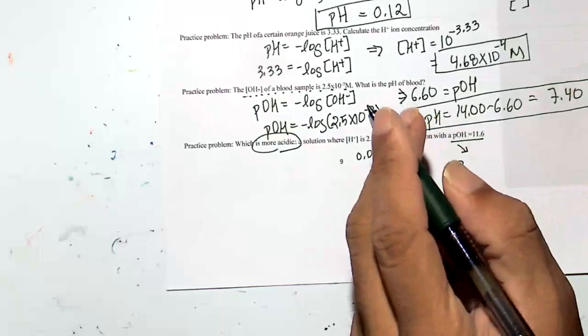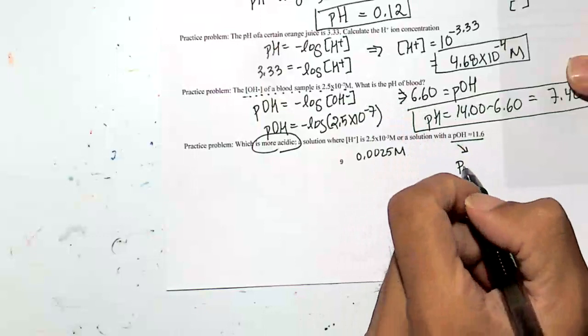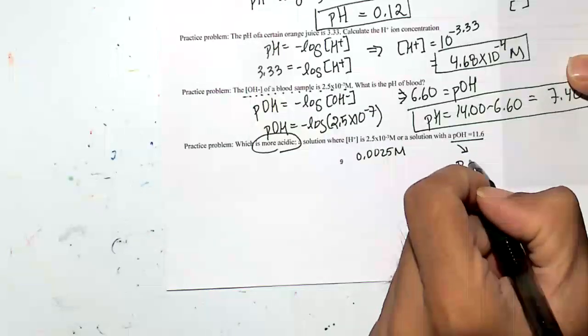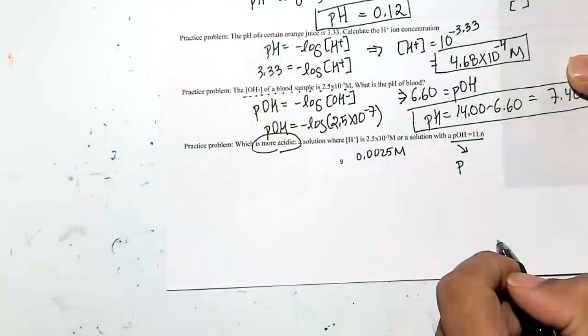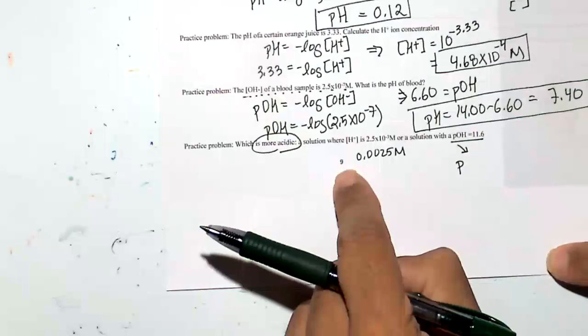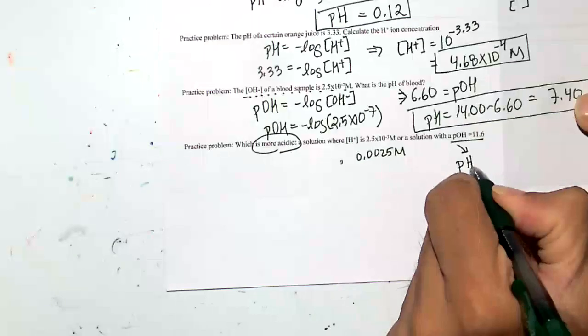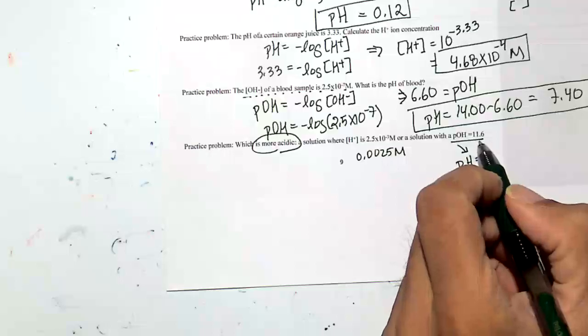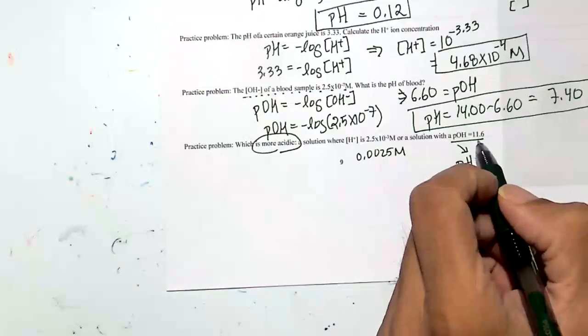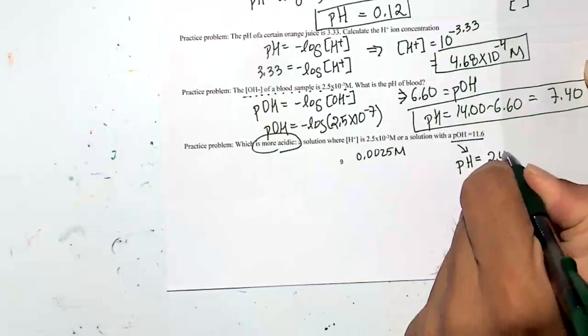So I'll calculate the pH. There are several routes to this answer. I'll calculate the pH, then from the pH I'll get the hydrogen ion concentration, and then compare the two. What's the pH here going to be? What's 14 minus 11.6? 2.4, okay.